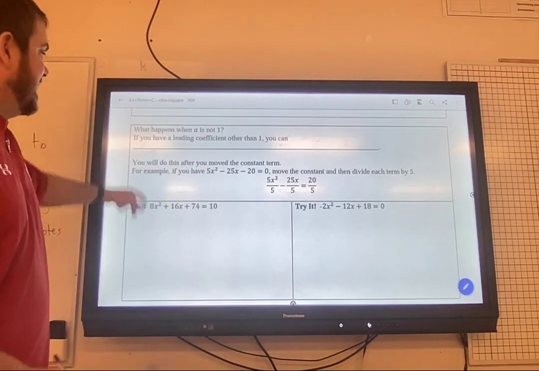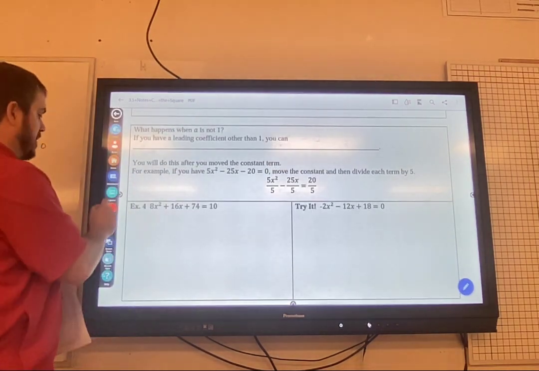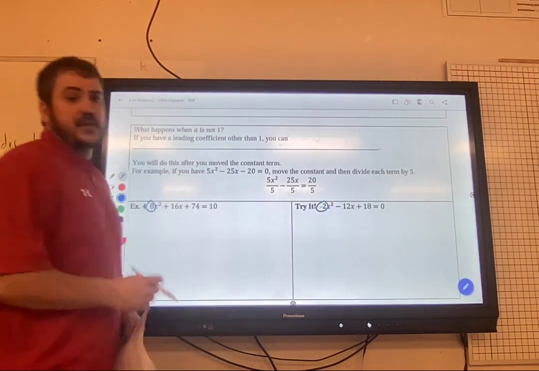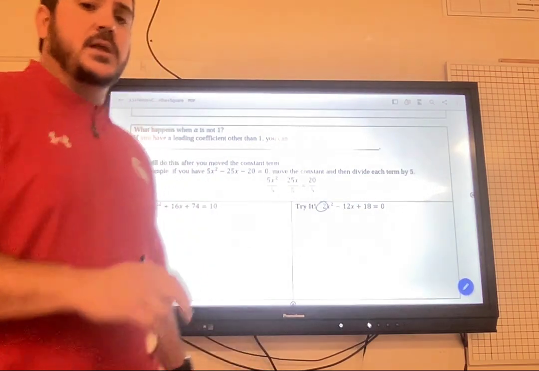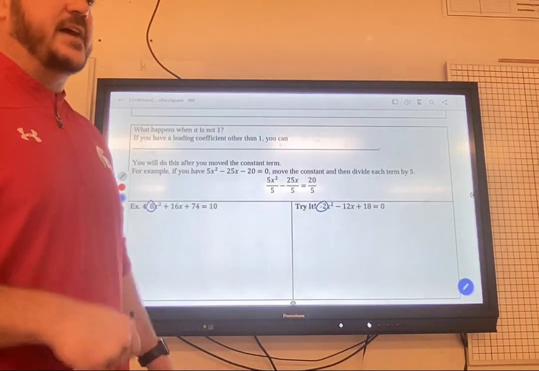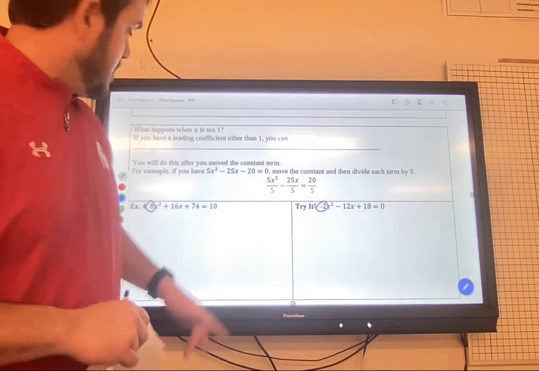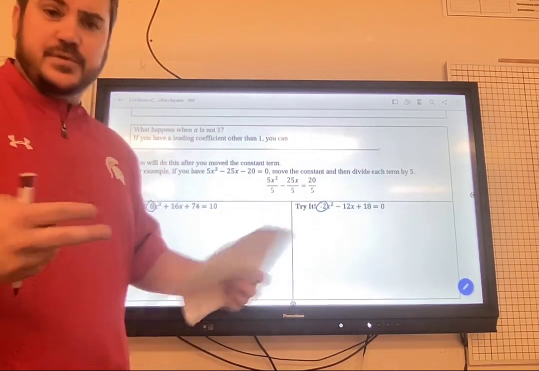What happens when a is not 1? In other words, look at example 4. Back when we were factoring, when you had a number in front, we had to either slide and divide or group it. When you have a number in front here, we have to do something about it.